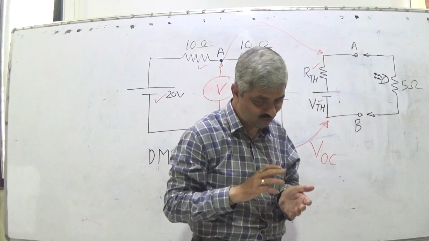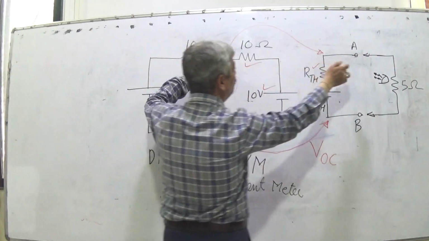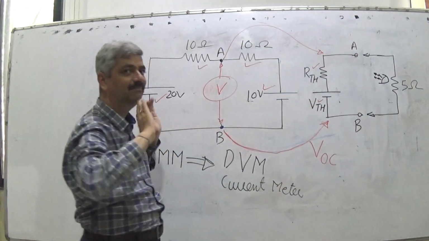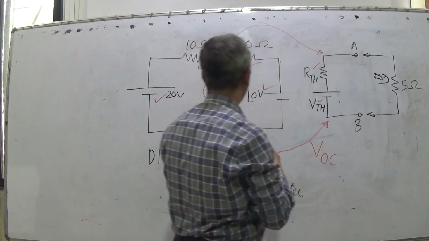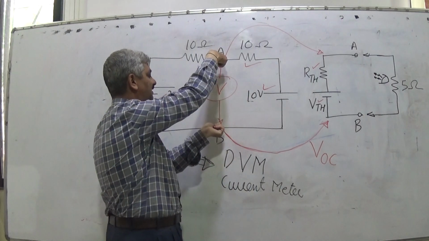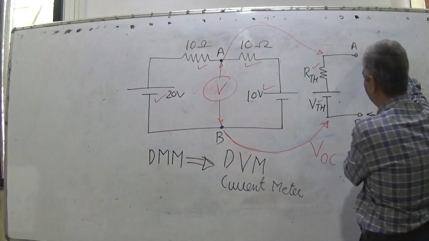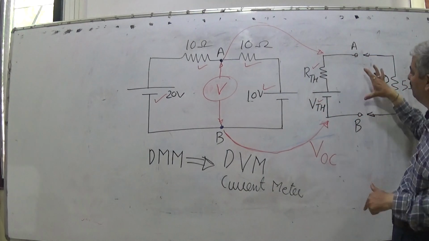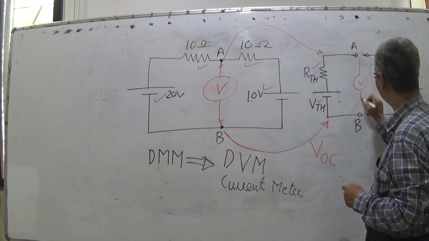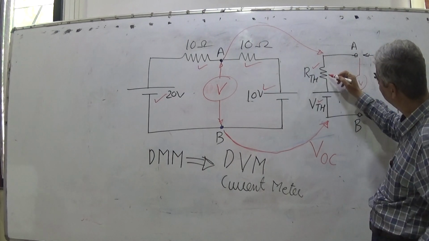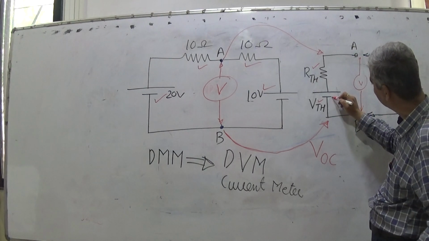And these two are equivalent, meaning whatever happens here must happen here. Suppose you connect the voltmeter here, you get some reading. Even if you connect that voltmeter here, you should get the same reading. Since the voltmeter is ideal, no current is drawn.